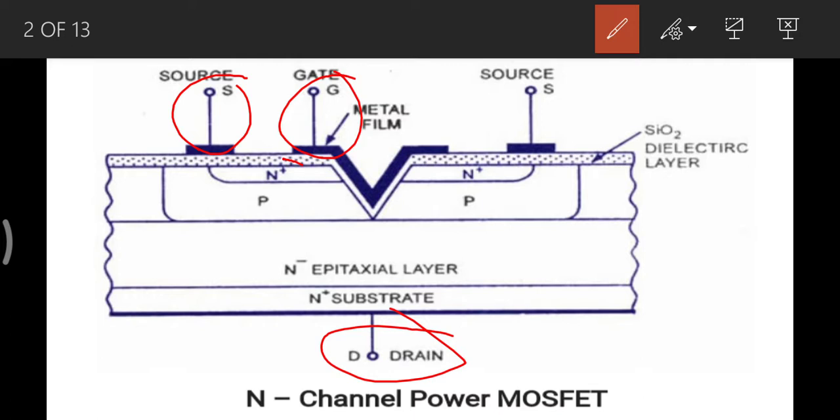See here, what is the basic structure? Here the N layer and P layer exist. After that there is SiO2 on the top of the layer. SiO2 is a metal oxide.